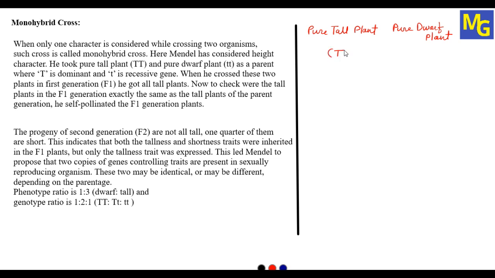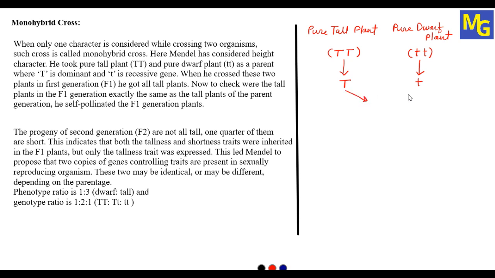Pure tall plants are shown by capital T and capital T. So write down, and dwarf plants are shown by small t, small t. So you can see here, small t means pure, capital T means pure. Now take the gene as capital T because both are the same, we can write only one T. Here also both are the same, small t, so we can write it as one small t.